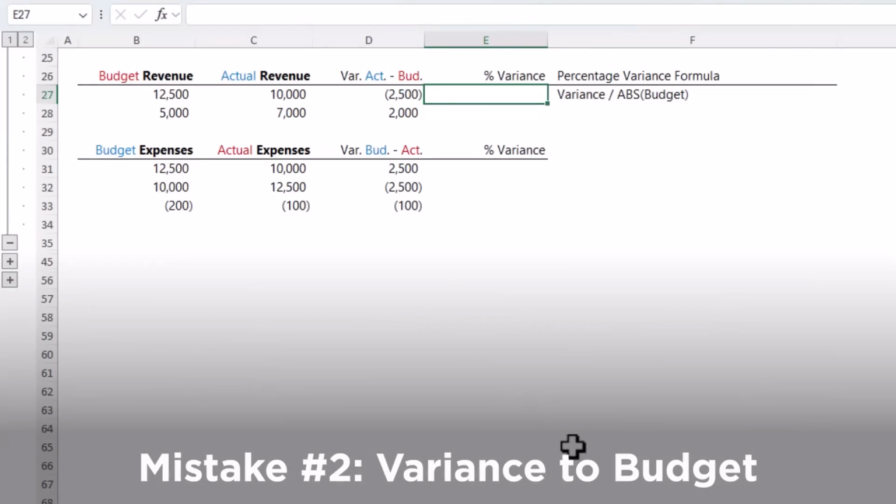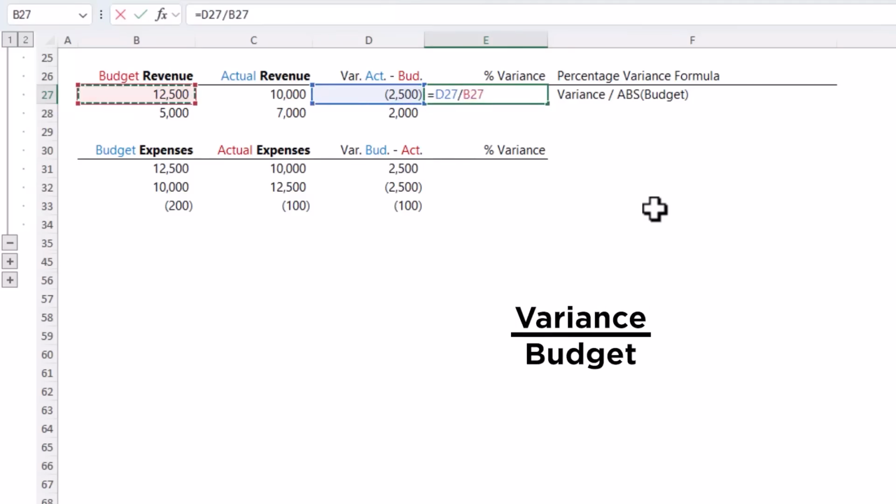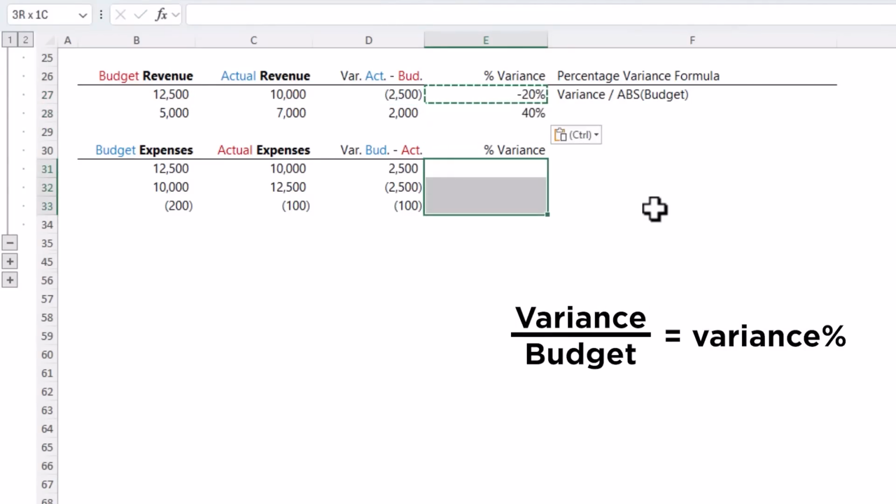Let's keep going. Now you're reporting monthly accounts and you need to explain the variance to budget. First, you need to remember that the variance for revenue is calculated by taking the actual minus the budget, whereas for expenses, it's budget minus the actual. We can then take the variance divided by the budget to get our variance percent, and we can copy that down.